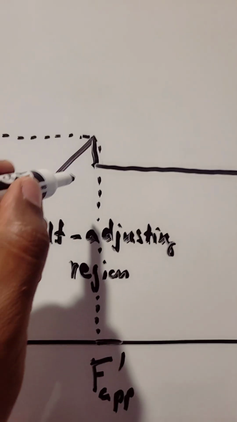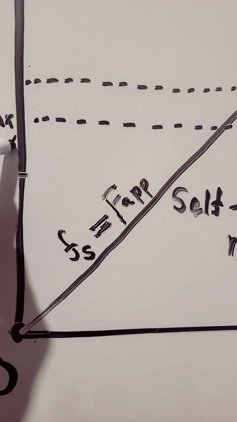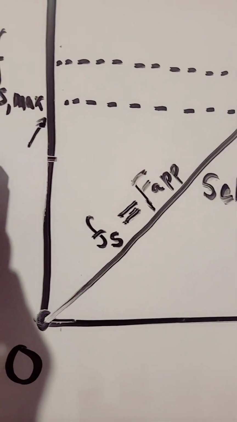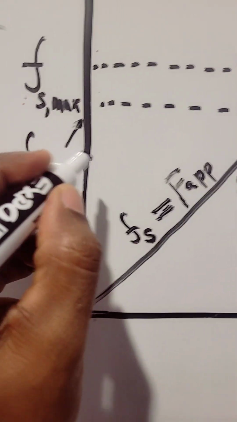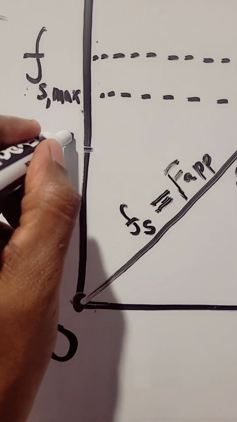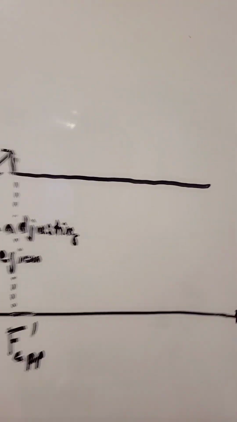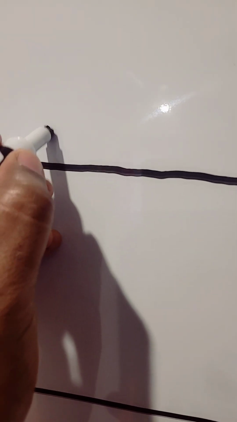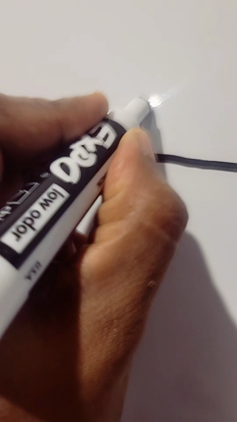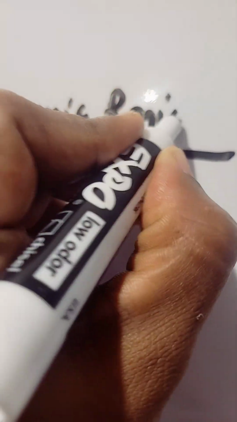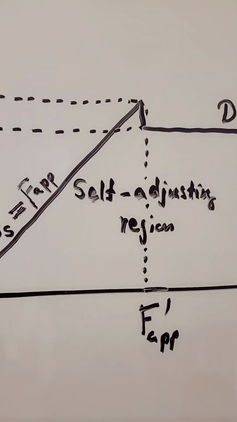And that friction force is what we call the dynamic friction force, or sometimes it's called the kinetic friction force, F of k. Okay, so this corresponds to F of k. So this is called the dynamic region. That's the dynamic region. This is the self-adjusting region.